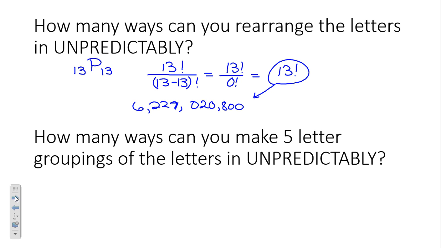So now we have 13 letters, but we only want to take 5 of them at a time. So 13 letters taken 5 at a time means that we're going to take 13 factorial and divide it by what?